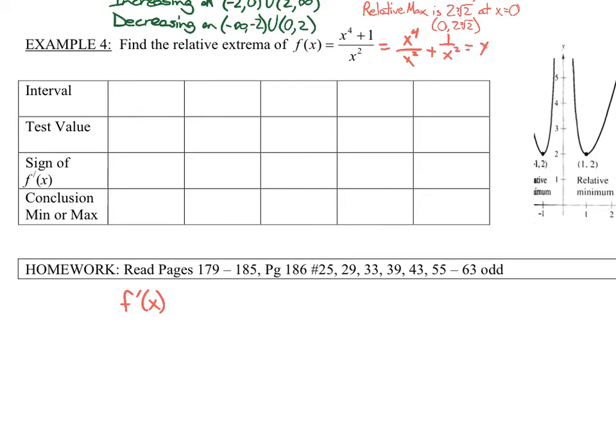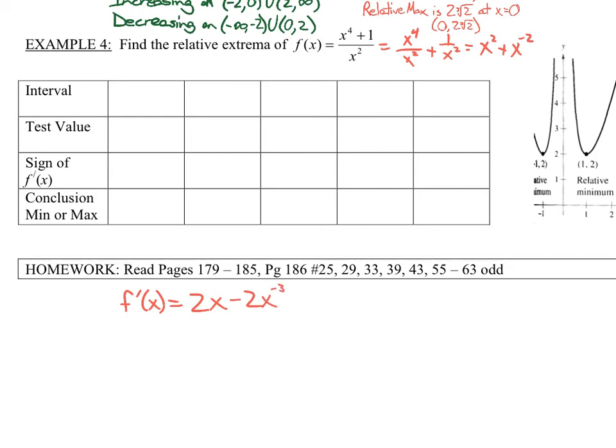That actually makes it super easy to take the derivative, a whole lot easier than the product or quotient rule. We get 2x minus 2x to the -3rd.